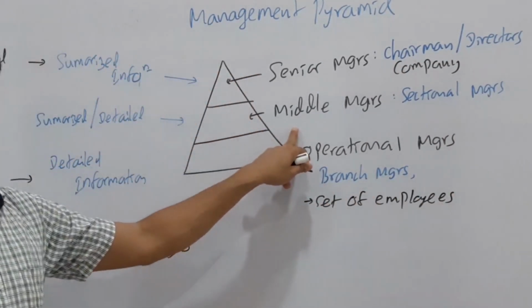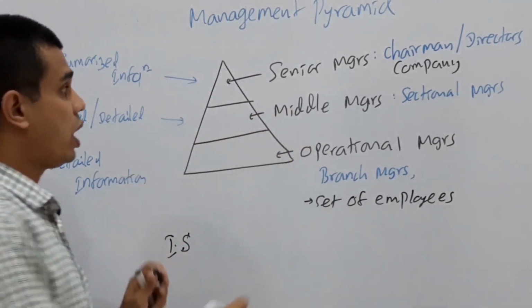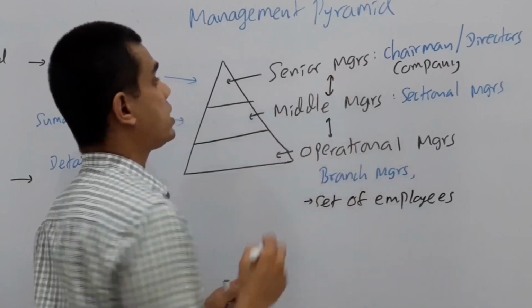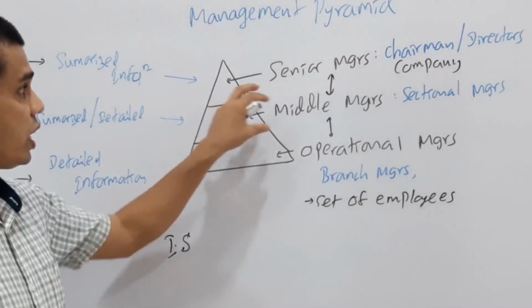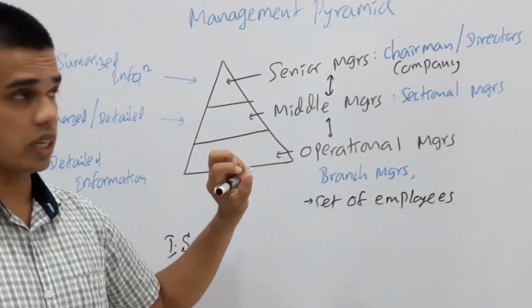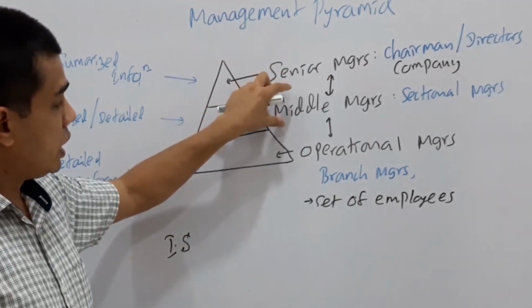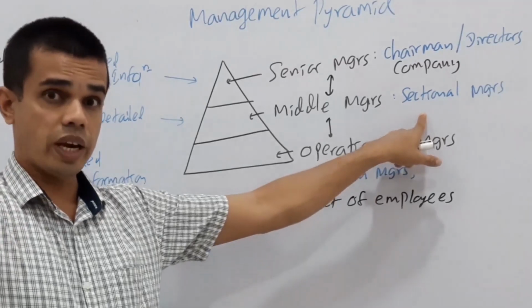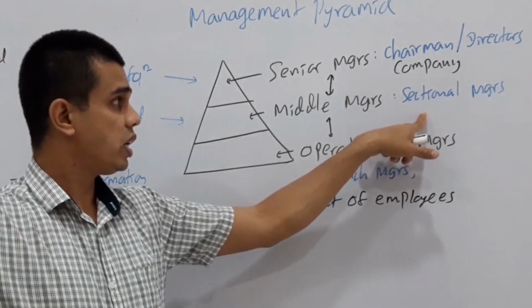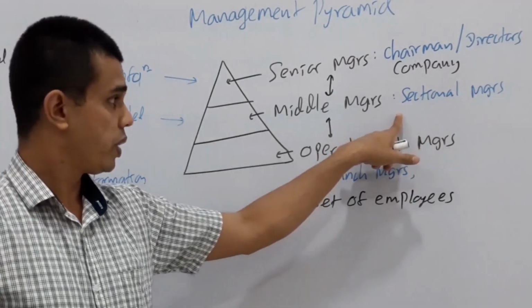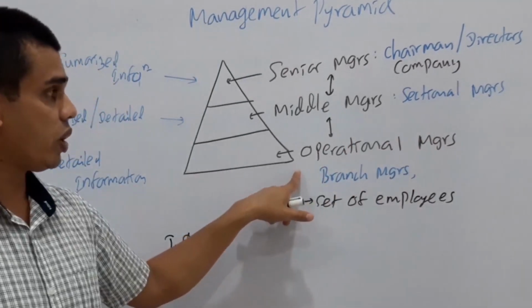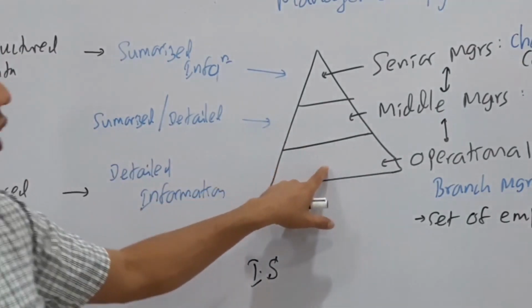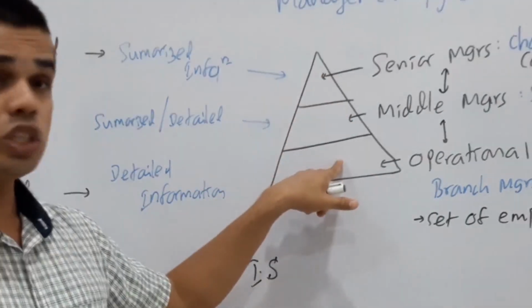Then the middle managers coordinate the senior managers as well as the operational managers. So they are in between senior and operational. Now, they may be the sectional managers. Sometimes the departments, the accounts branch head, the transport section head, and the branch managers go under the operational managers.